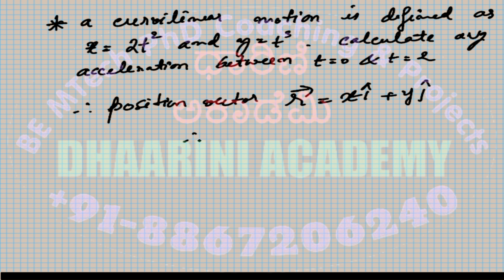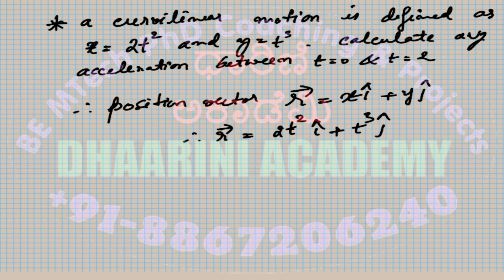So in this case, the vector r can be written as 2t square into i cap plus t cube into j cap. So we have got the position vector of this particular particle which has a motion as per the given data.